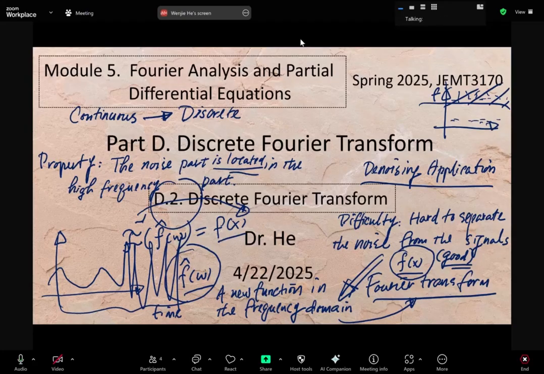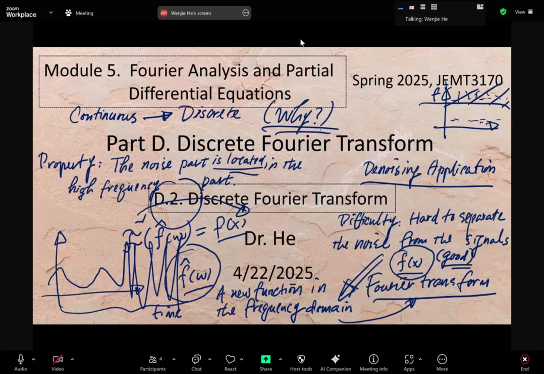But you may ask why. The continuous version is quite nice, and we have so many nice properties for it. Why do we need to consider a discrete version of the Fourier transform? The answer is very simple.